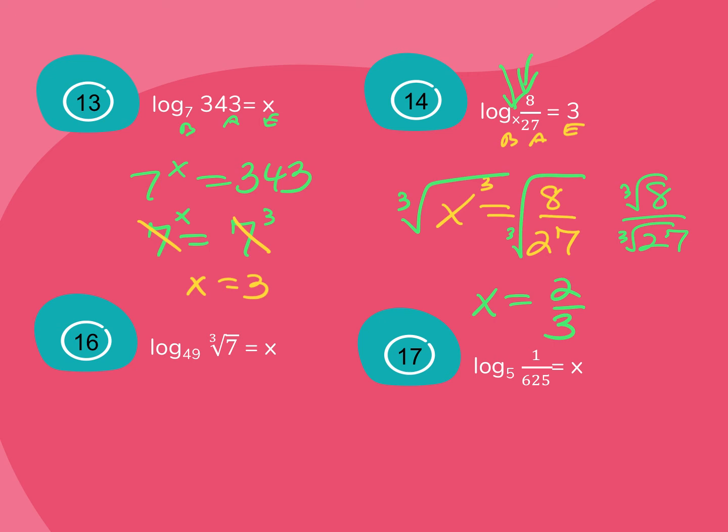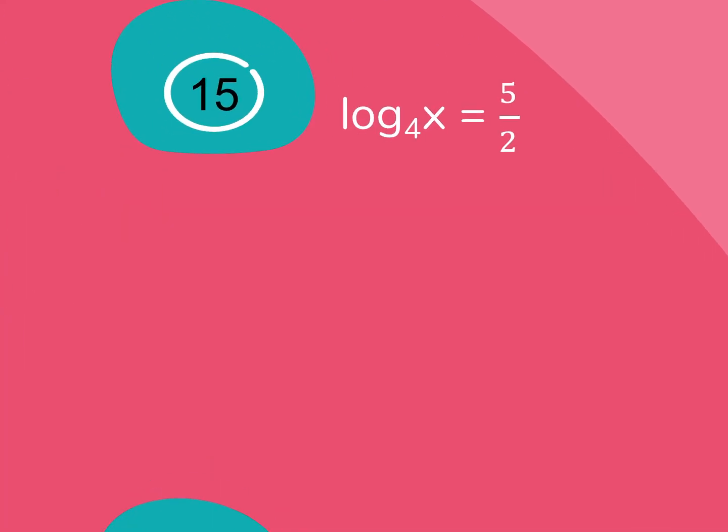Let's try 15. Again, in BAE form, 4 to the 5/2 power equals x. Now, in this particular problem, I'm just solving 4 to the 5/2 power. And again, remember, when it's a rational exponent, the bottom of the fraction is the root, and the top is the exponent.